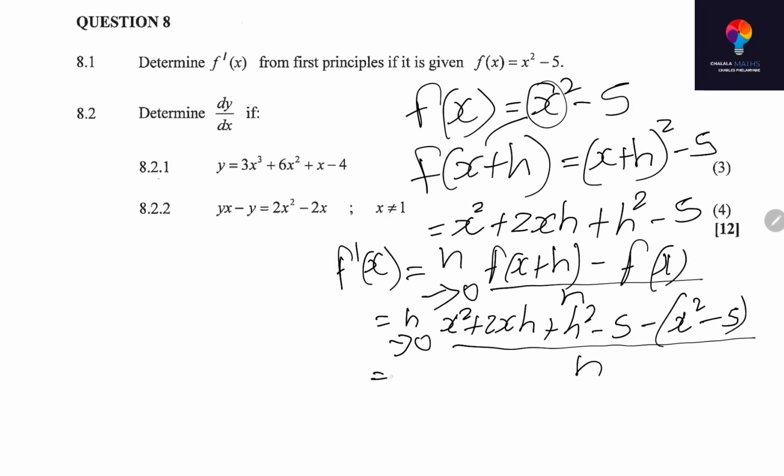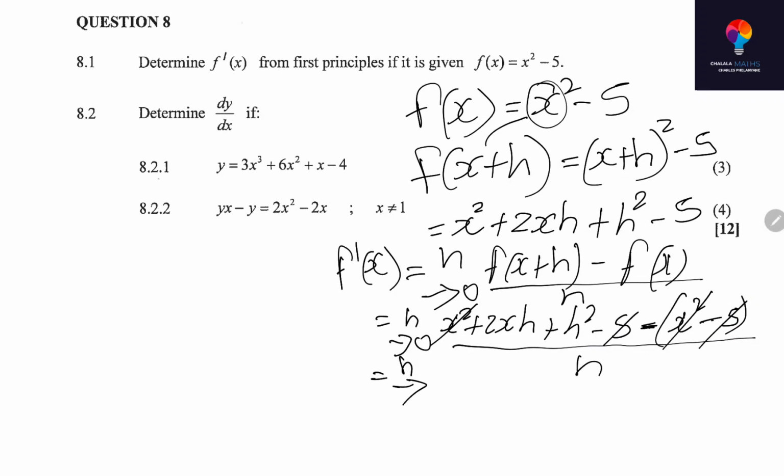So what's going to happen is that this x squared is going to cancel this x squared, because negative x squared plus x squared is 0. And then this 5 is going to be positive. Negative multiplied by negative is positive. So minus 5 plus 5, they're going to cancel each other.